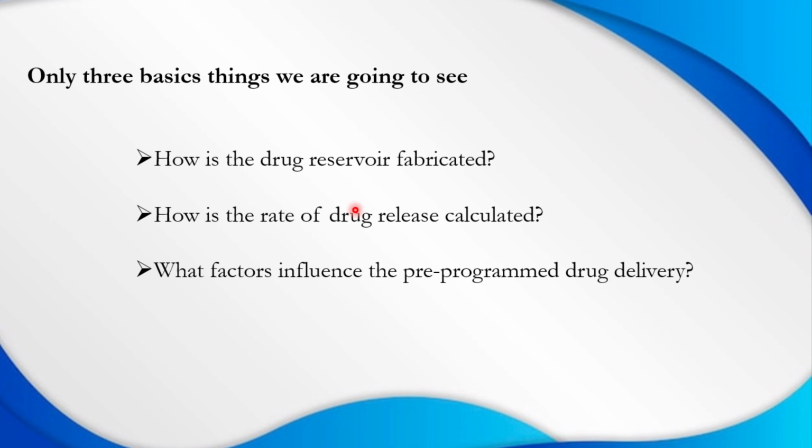For the rate pre-programmed delivery system, we are going to see only three basic things. How is the drug reservoir fabricated? How is the rate of drug release calculated? What factors influence pre-programmed drug delivery?